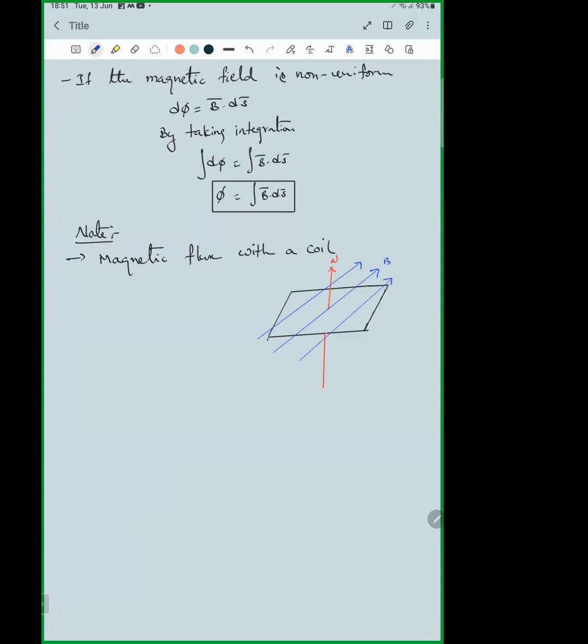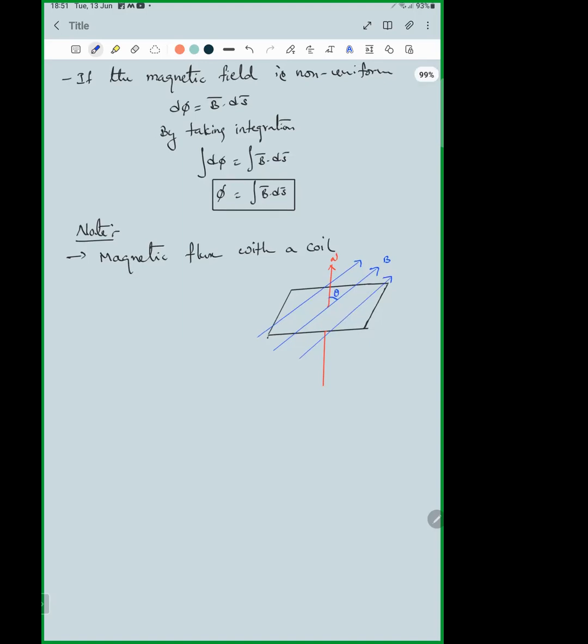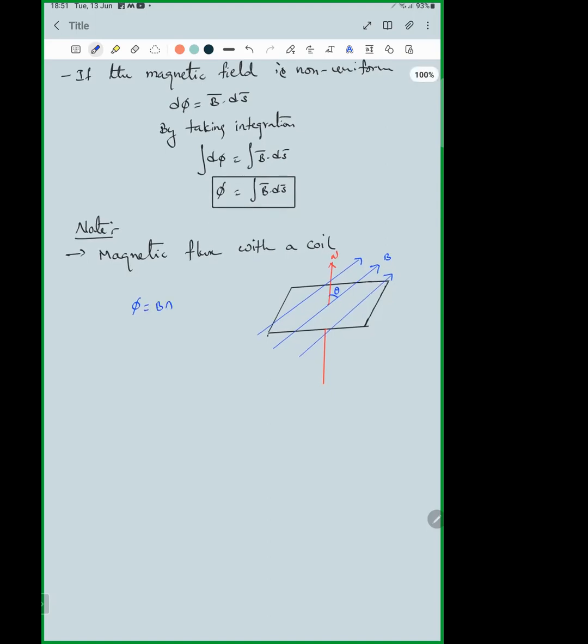So B is the magnetic field, right? If this magnetic field makes an angle theta, then you can write the magnetic flux phi is equal to BA cos theta, isn't it?